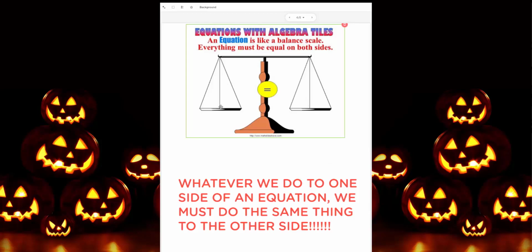Okay, if I were to put 10 on the right side of the scale, in order to keep it balanced, I'd have to put 10 on the left side. Okay, so that is why the rule is, whatever change we make to one side of an equation, we must do it to the other.